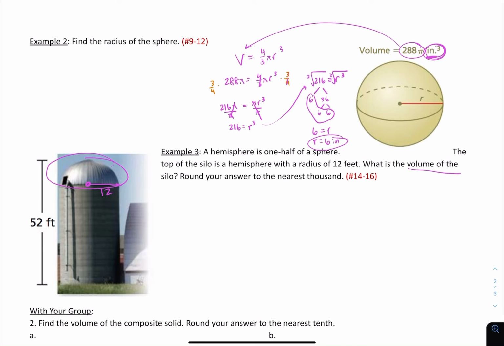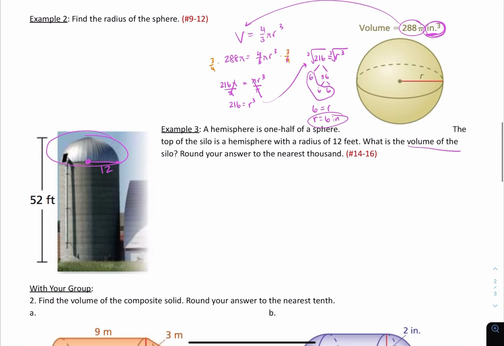Well, if you think about it, this is where it can get a little tricky. You can split this up into two shapes. This shape is a cylinder. Here's a cylinder right here. And here is shape number 2, the hemisphere. So let's label this as shape 1, label this as shape 2.